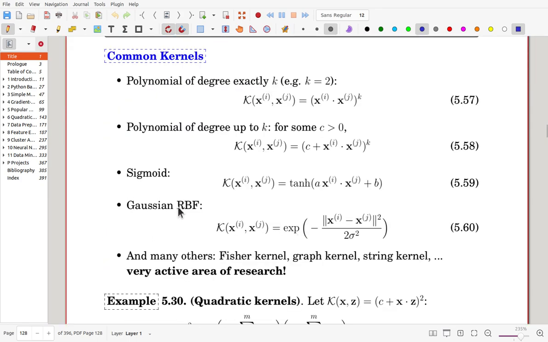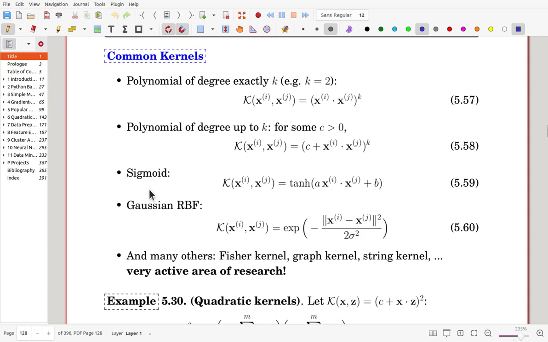Now there are common kernels: the polynomial of degree exactly k, where the dot product of xi and xj is raised to the power k, and the polynomial of degree up to k by adding a constant. Now this will be a polynomial of degree k.